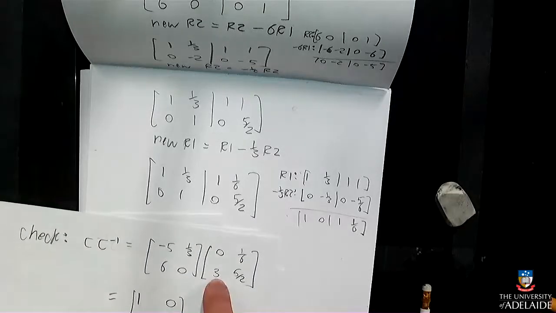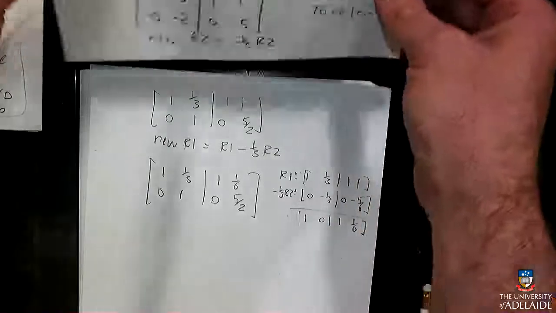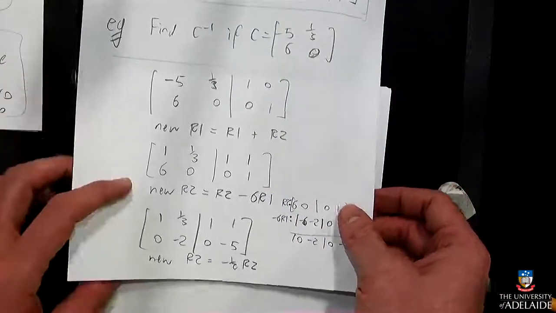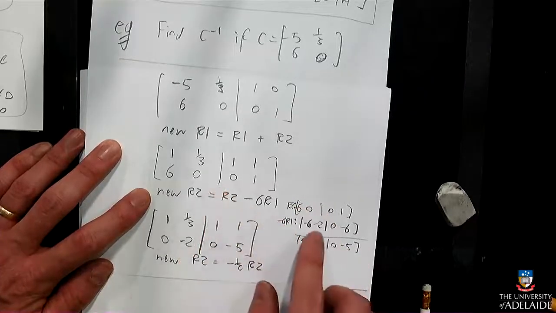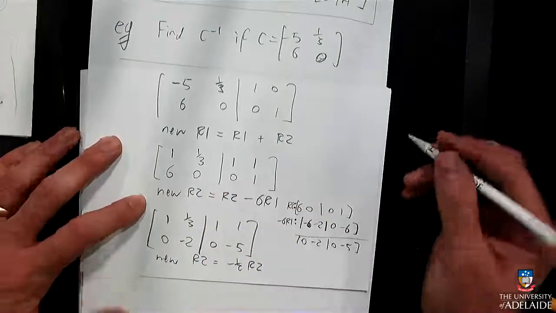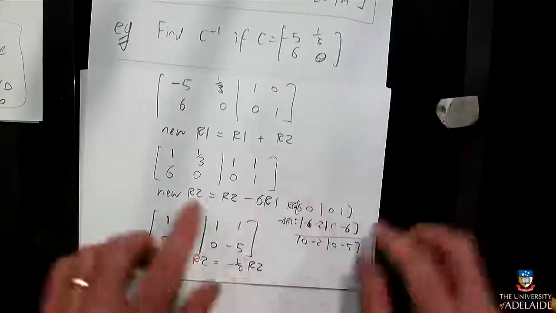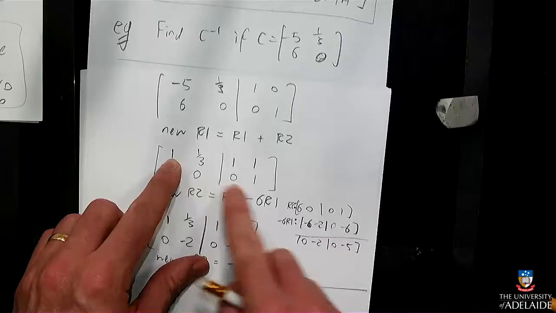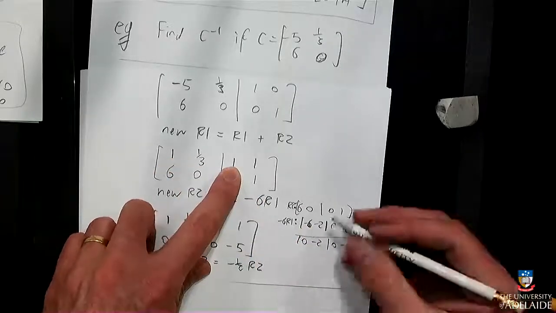There's a 3 in this spot which I didn't expect. Just a second. Let's just go back and see if we've got this right. Oh, look. I did this wrong. I went along here and then skipped down here. So it's minus 6 of row 1, that's minus 6. Minus 6 of row 1 will be a minus 6 there.